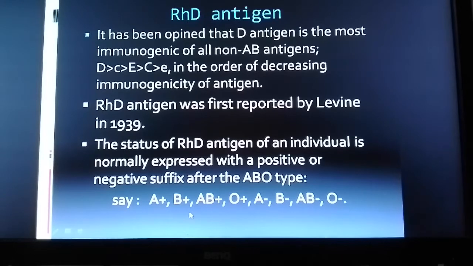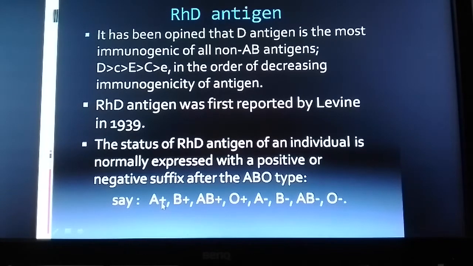A plus, B plus, that is A positive, B positive, AB positive, O positive, and 4 more negatives: A negative, B negative, AB negative, and O negative.